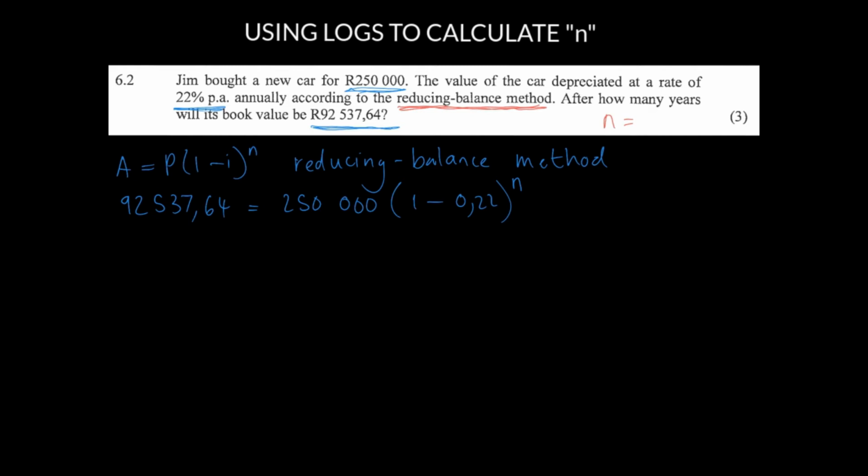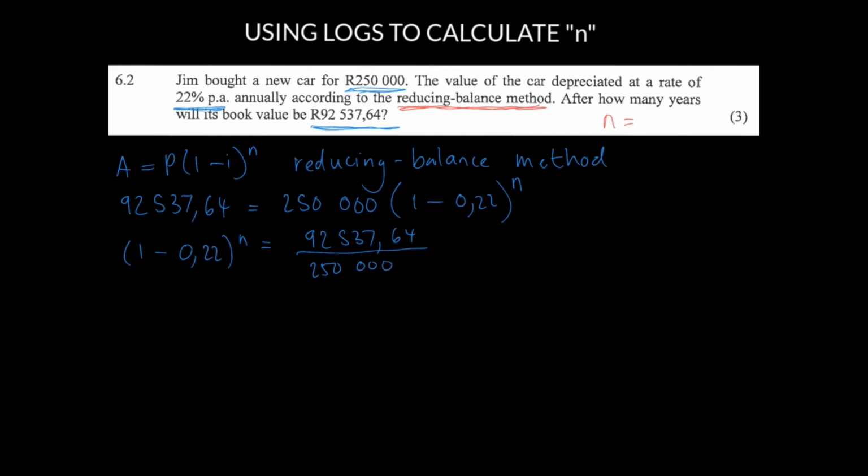What we need is to get the bracket on its own on one side of the equation. So what I'm going to do is write the bracket over here, (1 minus 0,22) to the power of n, and that means that I would have needed to divide both sides by 250,000. So that means that 92,537 Rand and 64 cents must be divided by 250,000.